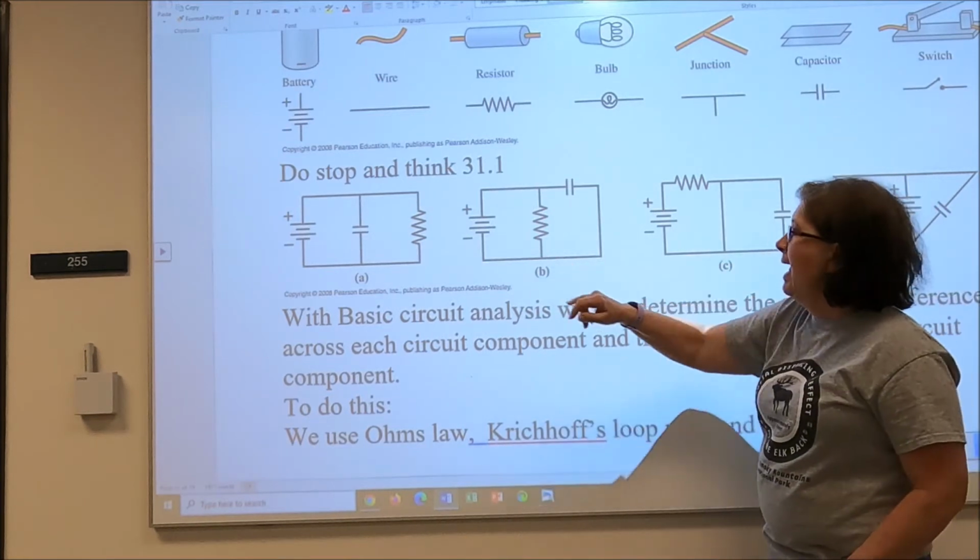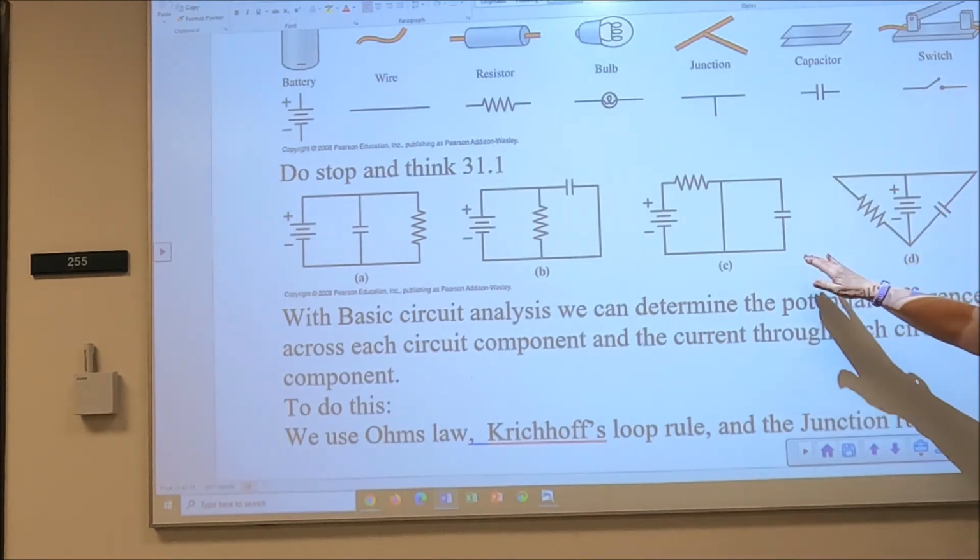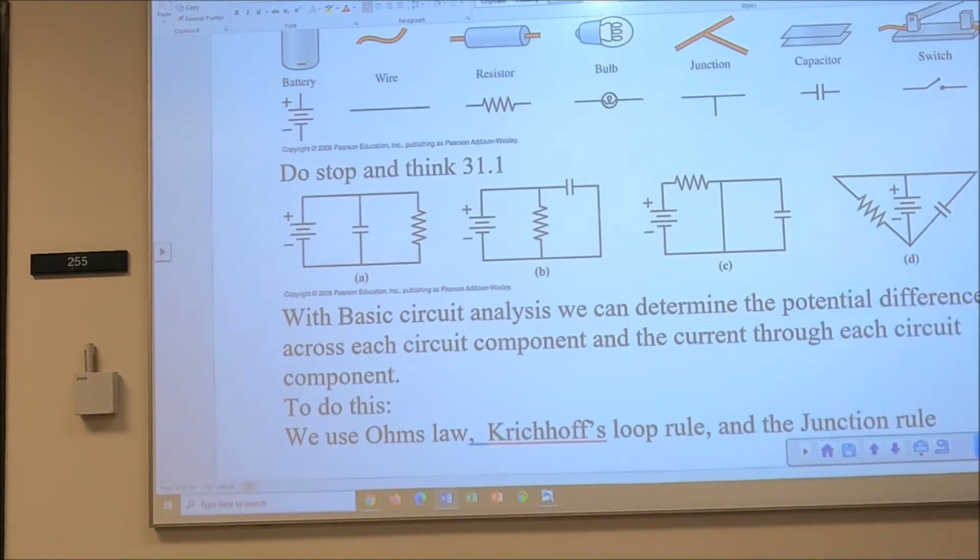This one's not like A and B. Let's look at D. I've got a battery in parallel with the resistor and then parallel with the capacitor. So A, B, and D are actually the same. C is the odd man out here.